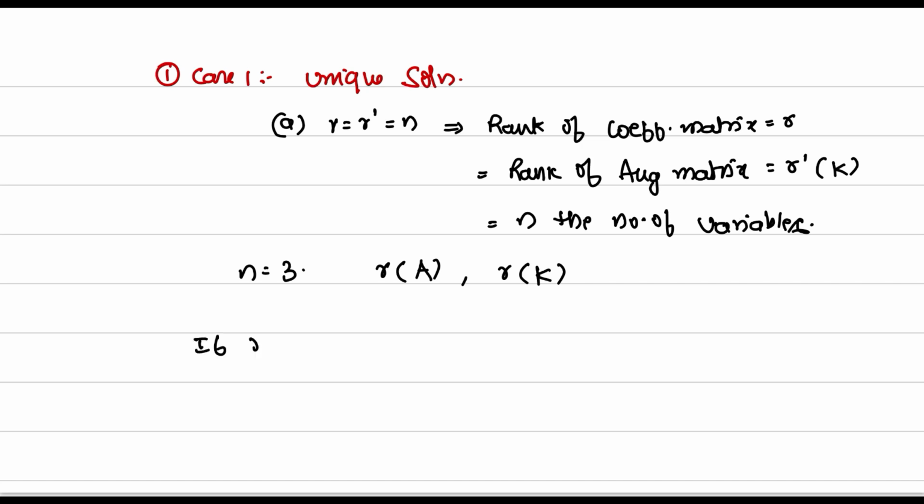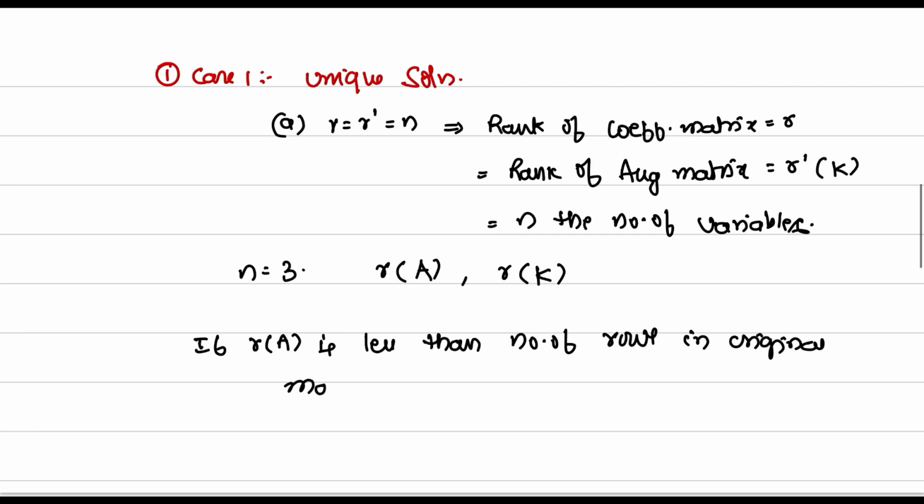If the rank of a matrix is less than the number of rows in the original matrix, that implies the determinant is 0. That means one row is totally with 0 elements. Determinant of A is equal to 0.